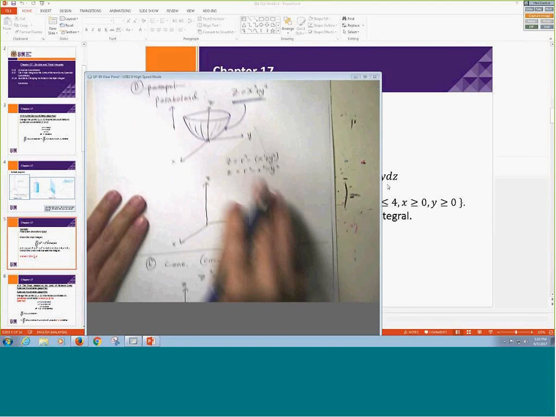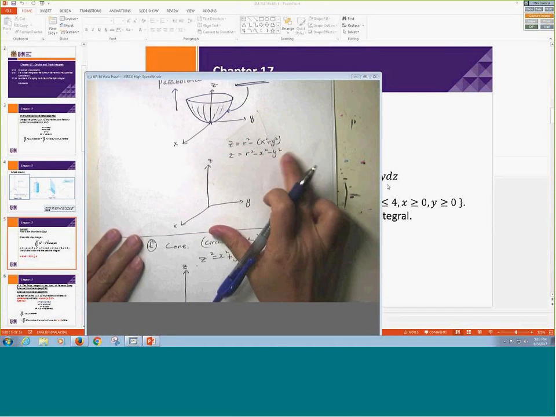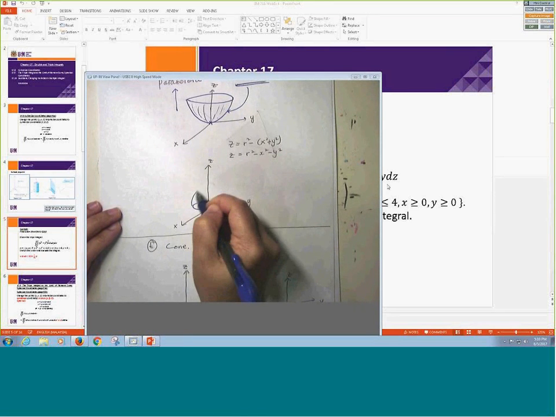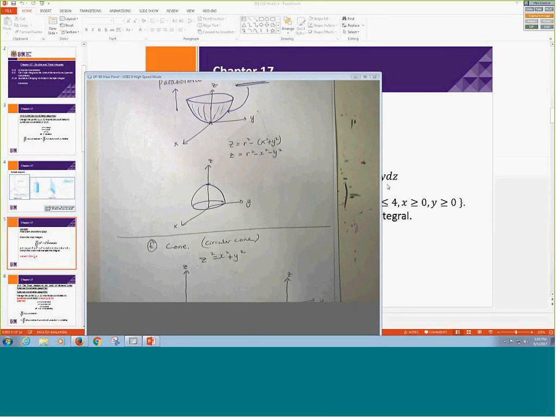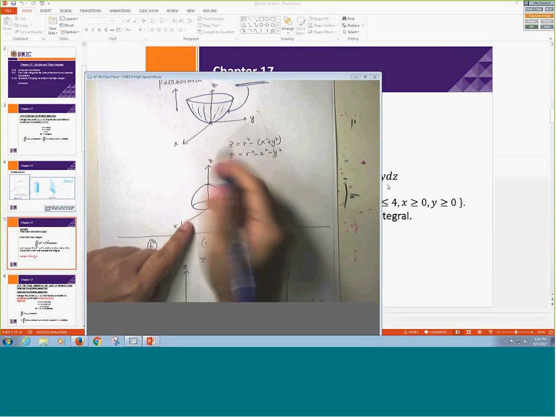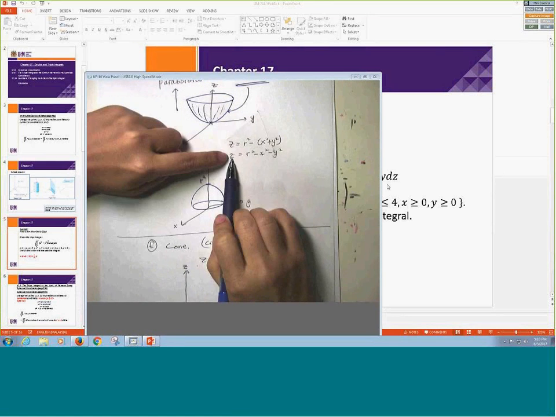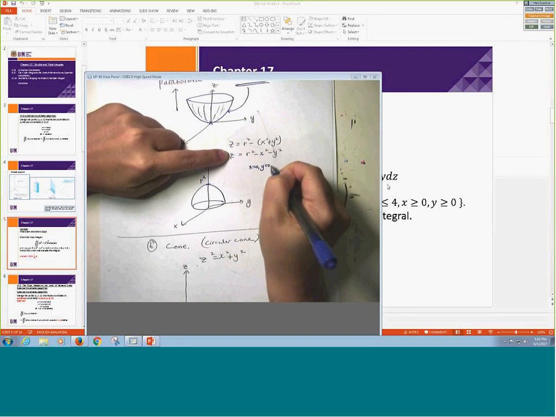Another one will be z equals r squared minus x squared minus y squared. It will be the paraboloid in this form. What is the z-intercept? When x is 0 and y is 0, z equals r squared.